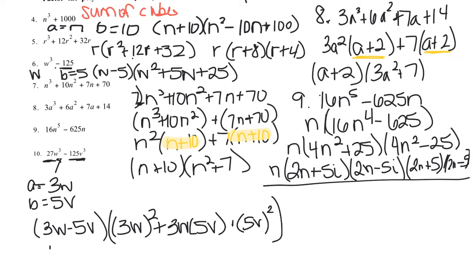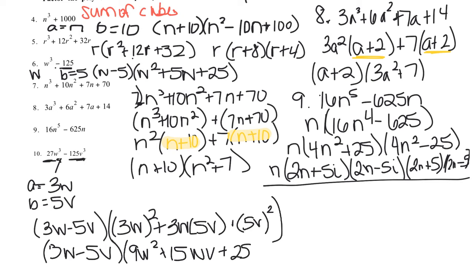So when I simplify, 3w minus 5v times 9w squared plus 15wv plus 25v squared. And that's 1 through 10.